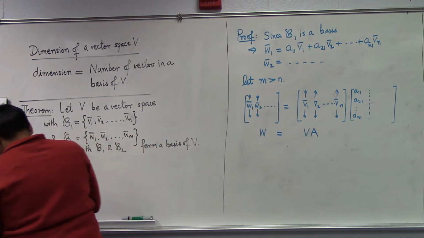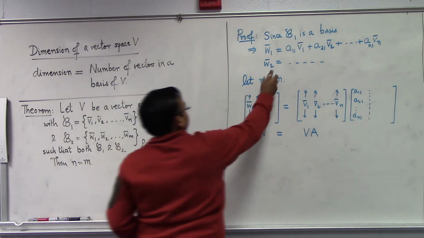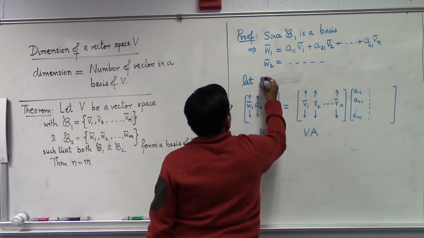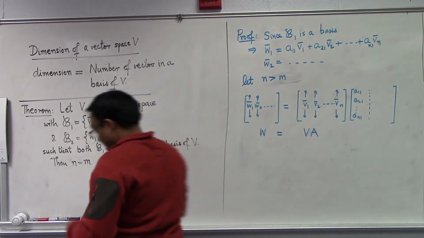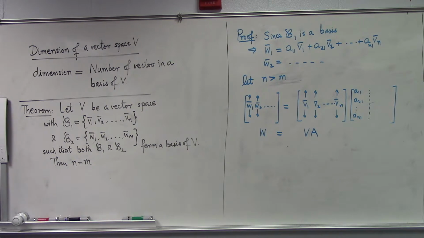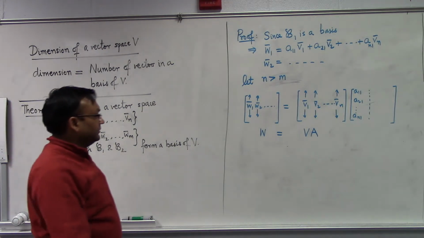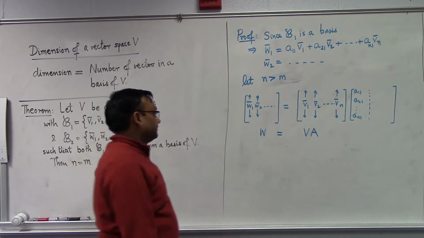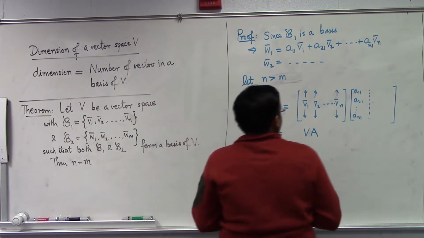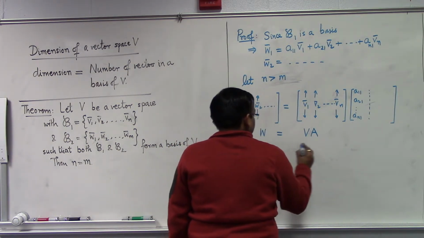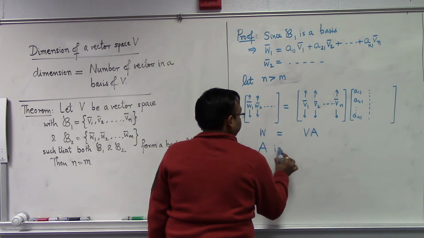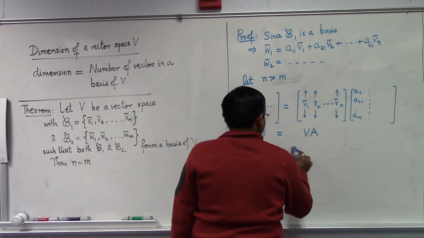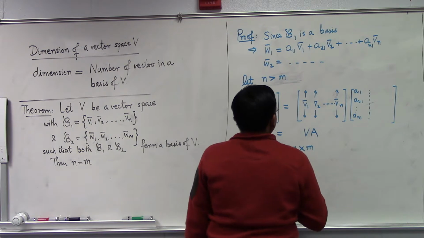Okay, I'll just make one change because I have written the matrix in a slightly different way than I previously intended. So I will say let N be bigger than M. Without the loss of generality, I can do this. It's just that if I had written the other way, I would have made M bigger than N. Anyways, if you look at this setup, it looks very nice. What is the size of the matrix A? A is, let's see, how many rows and how many columns? A is an n rows and m columns matrix.